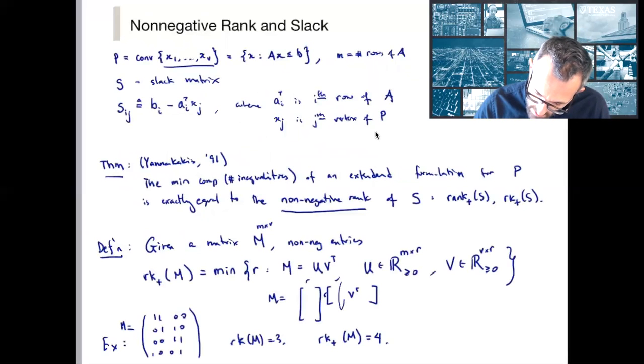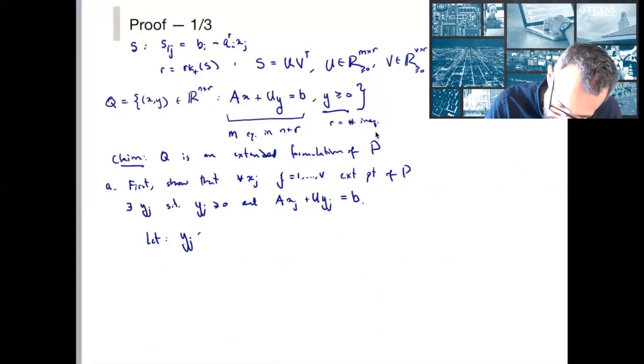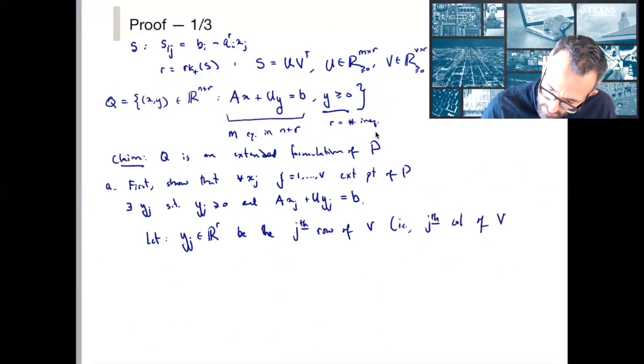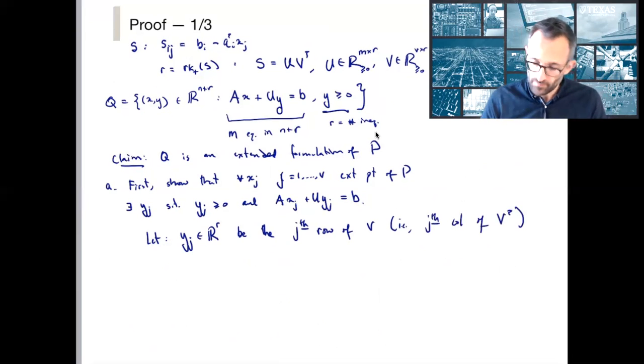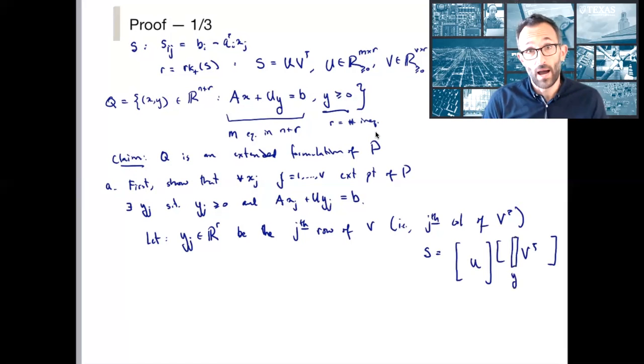It's going to be one of the columns of V transpose, in other words, a row of V. So let yj, which is in R^r, be the jth row of V, in other words, the jth column of V transpose. And remember that picture from the previous slide: this is V transpose, this is U, and so this is Y.